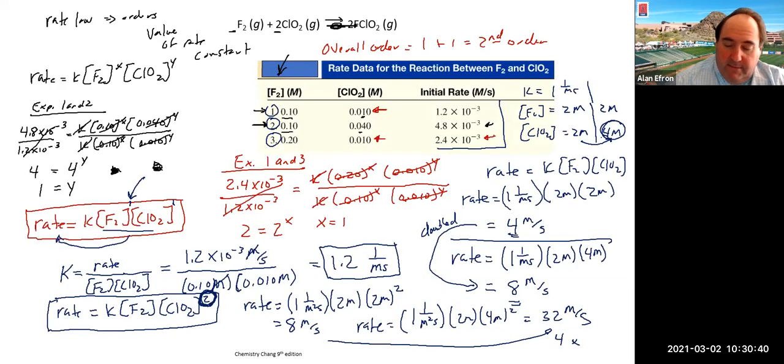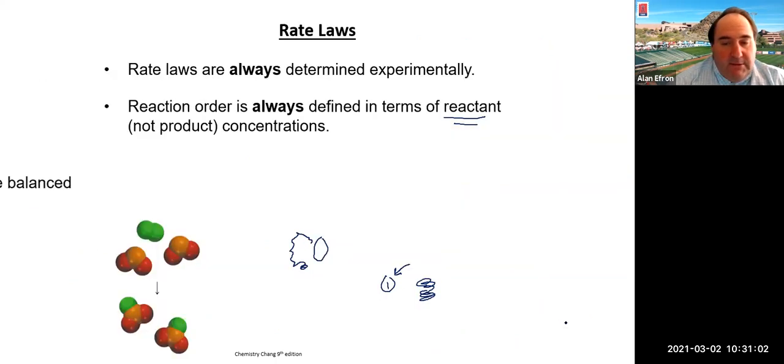There it is. When it was a 1-to-2 relationship in terms of the orders, as we doubled the concentration, 2 times 2 is 4, right? The rate went up by 4. So that's what the orders tell us, that relationship of one reactant to the other. Any questions on that?